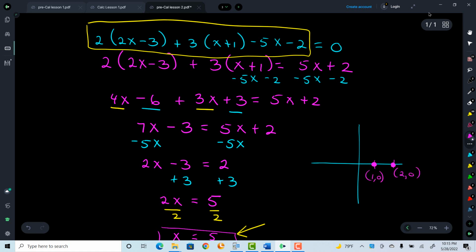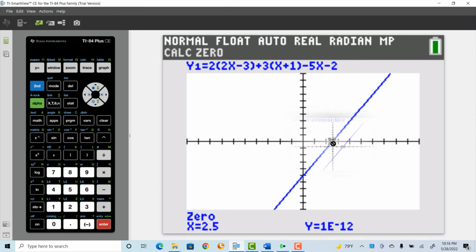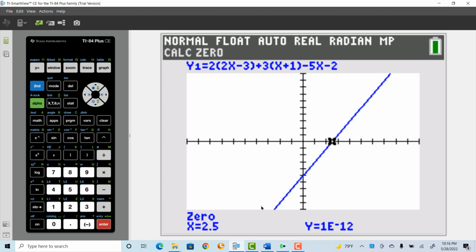Here we have 2, 0. This is negative 1, 0, right? Anything on the x-axis has a y value of 0. Okay, these all have y values of 0. So when we graph it on our calculator, we're looking to see where the y value is 0.